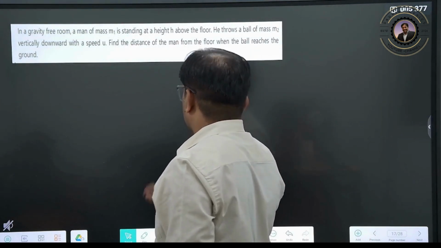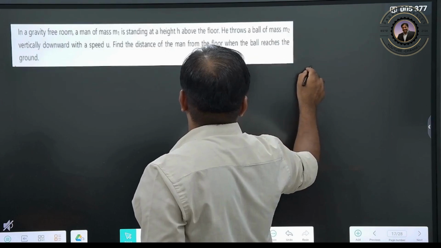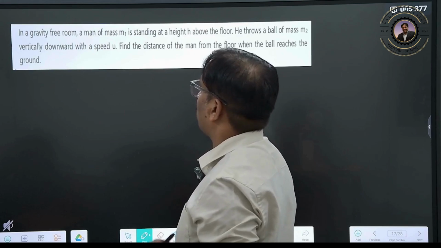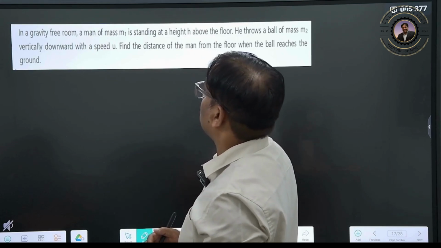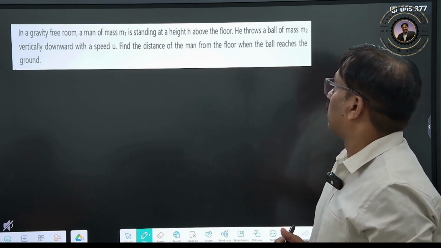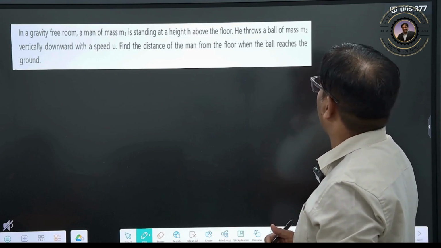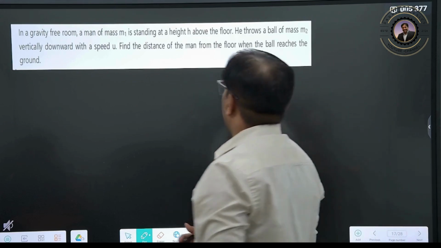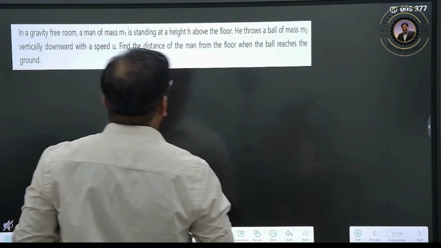Now this is also one of the applications, very simple one, let us see. Now in a gravity free room, a man of mass m1 is standing at a height h above the floor. He throws a ball of mass m2 vertically downward with a speed u. Then find the distance of the man from the floor when the ball reaches the ground.